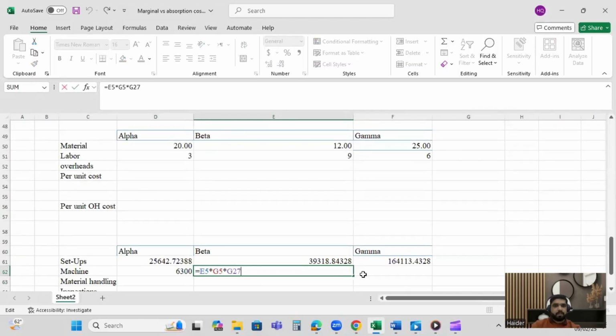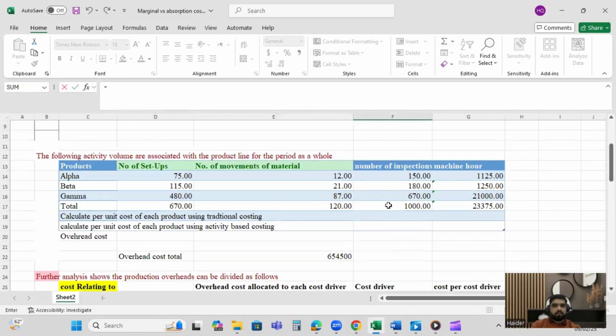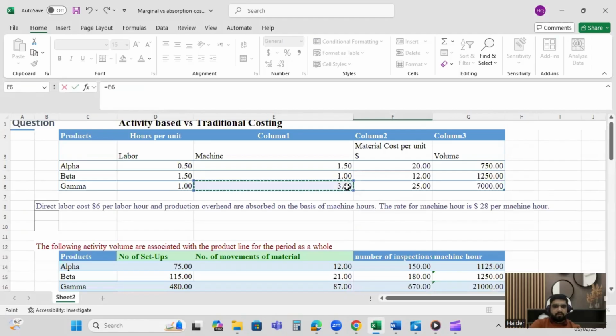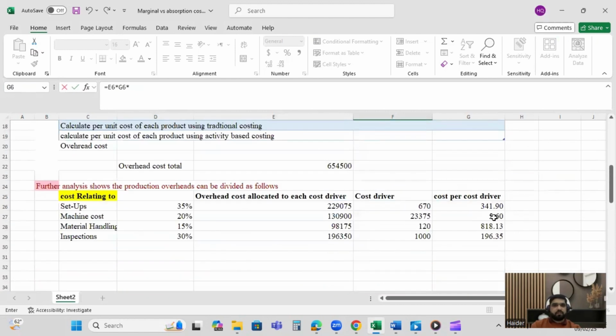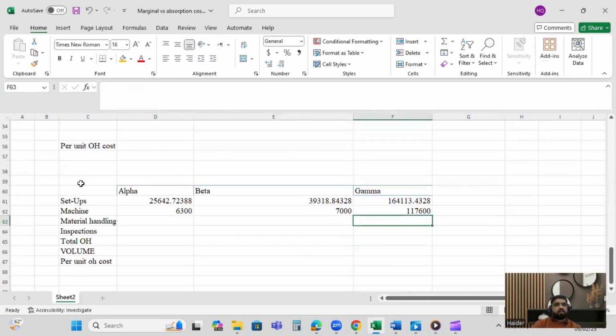You can see the formula for gamma: the number of machine hours, 3, times the number of units times the per machine hour cost, 5.60. That's it. We have calculated the overhead cost for all the products based on machine usage.